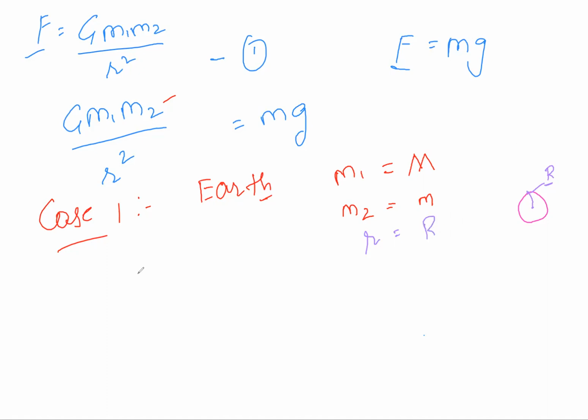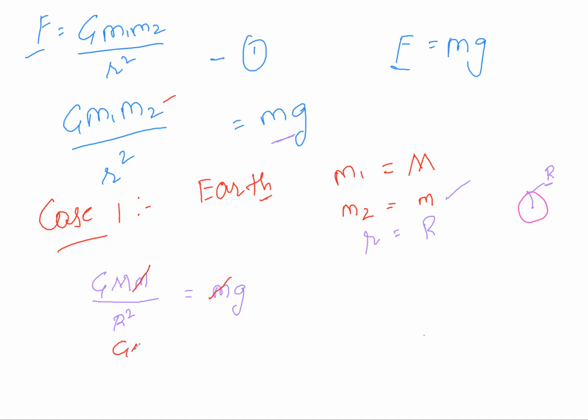Then finally I substitute these in the equation. That is G into M1, which is capital M, and M2, which is the mass of the stone, small m, by R, which is capital R, that is R square, equal to, already, this is mg. Okay, mg, the weight of the stone, right? The weight of the stone, that is m I have taken, and the gravity g, mg, equalizing those two. Here m and m are equal, so I just cancel.